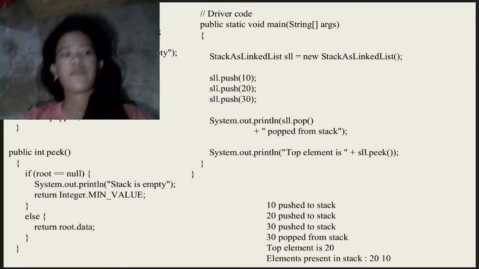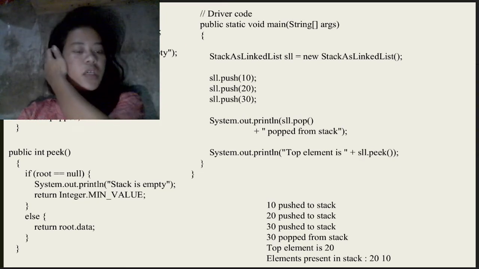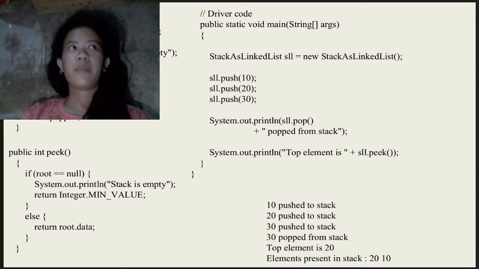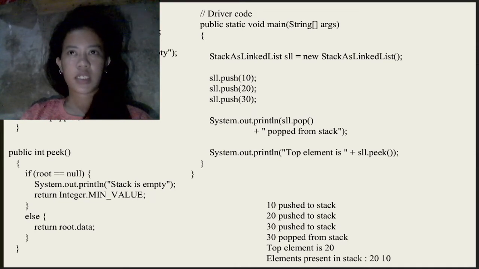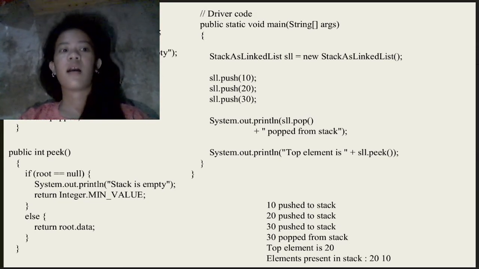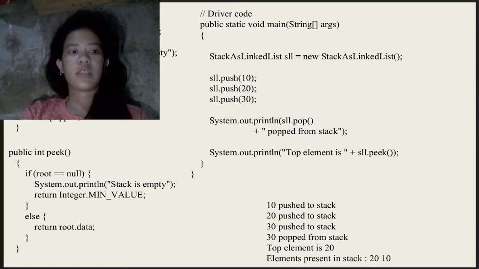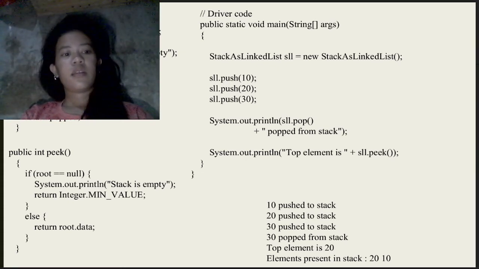So next we have here public int pop. What is pop? Pop is where we delete an element from the stack. We set it as public in order for it to be accessible, and of course it is int because we're going to pop integers.